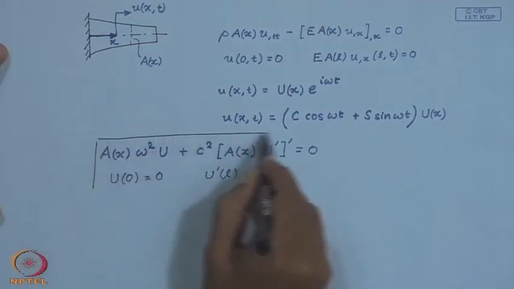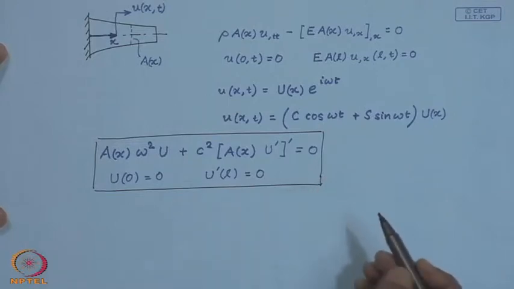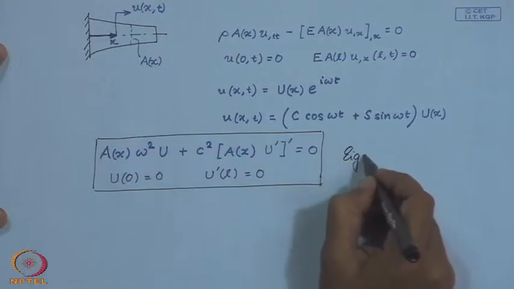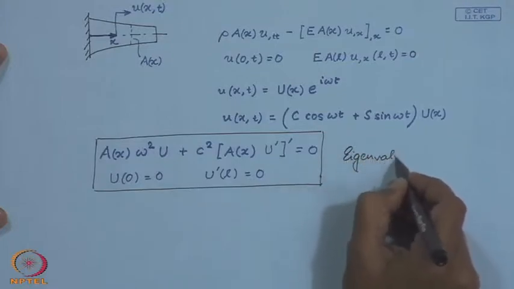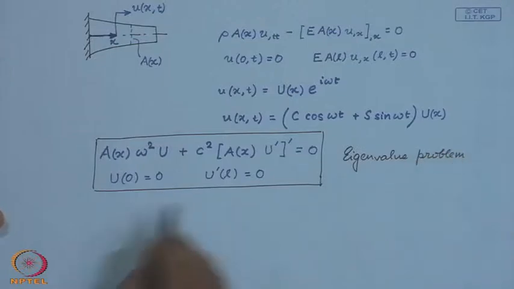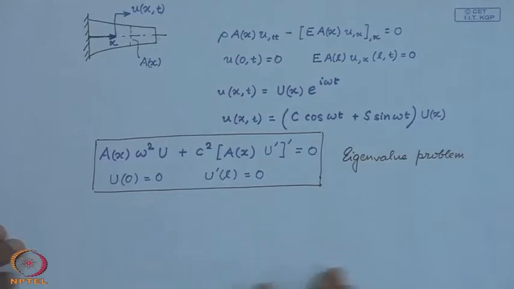This forms the eigenvalue problem for the system. So, the differential equation along with the boundary conditions. Now, we will represent this in a slightly abstract form in this manner.